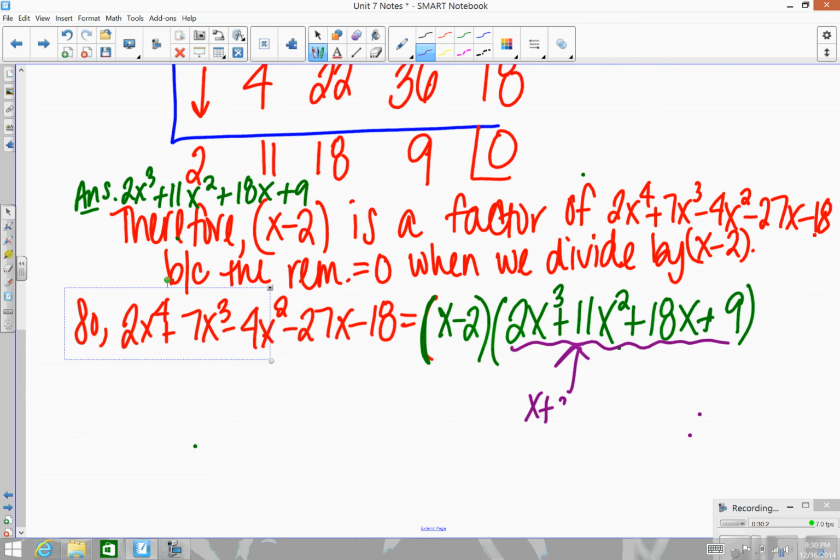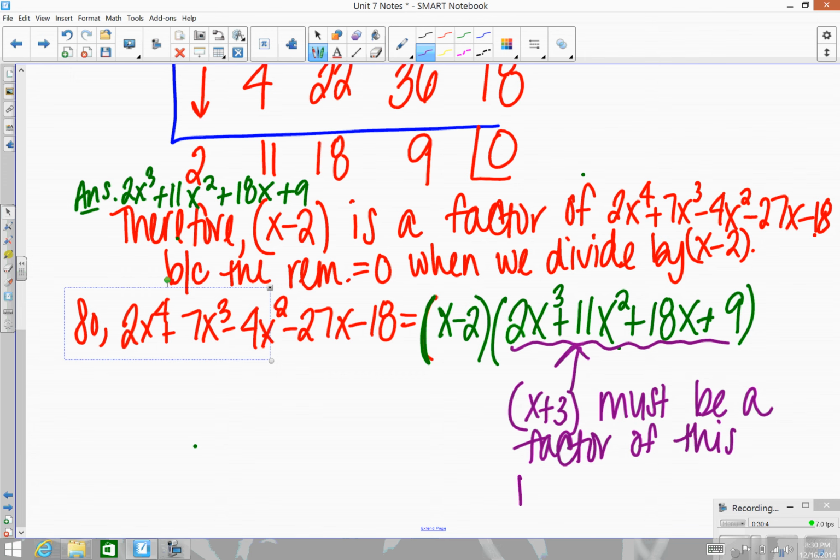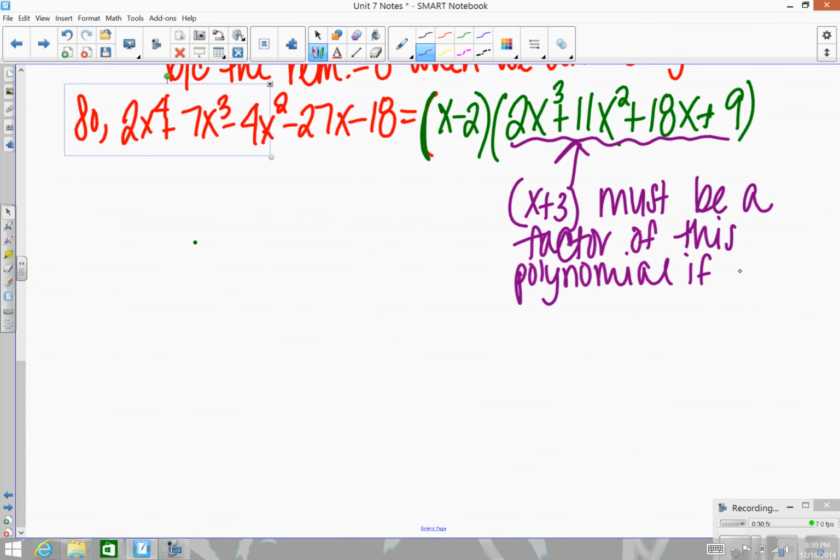So x plus 3 must be a factor of this polynomial if it's a factor of the original polynomial.